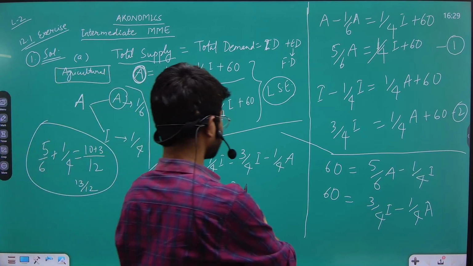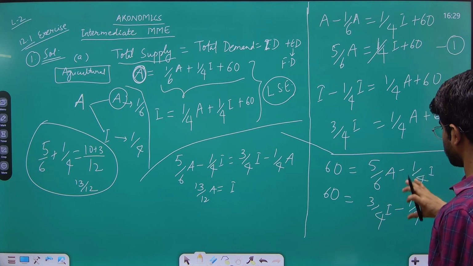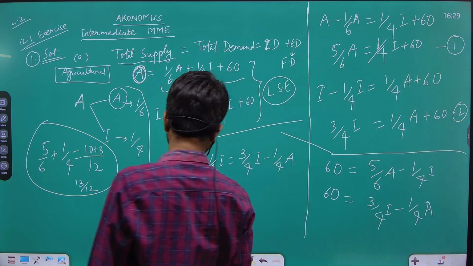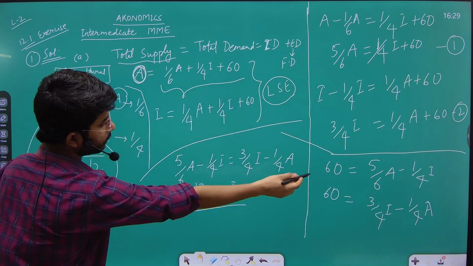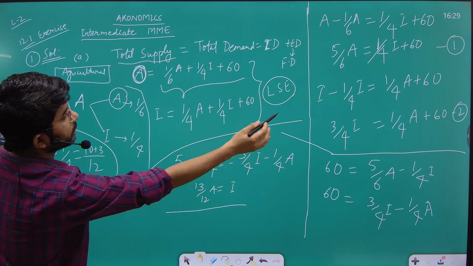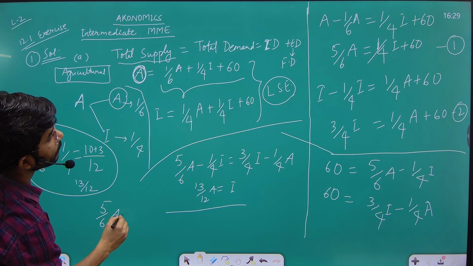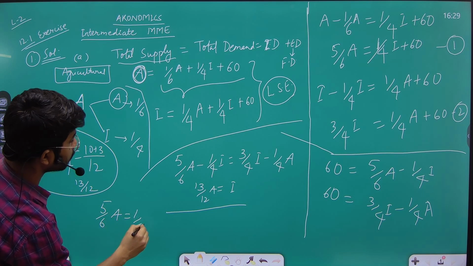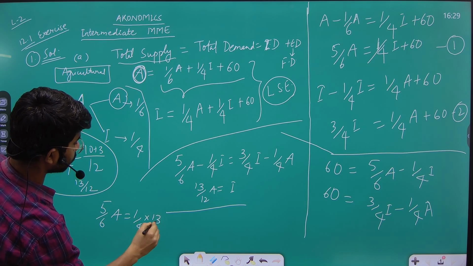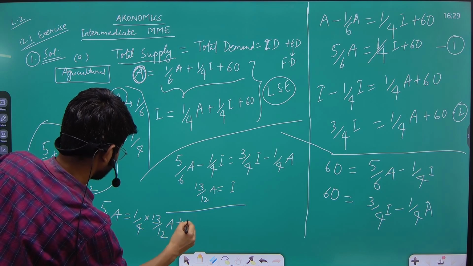So if you substitute the value of I in any of these equations, then you can rationalize it. If you put the value of I in the first equation, you get 5 by 6 A equal to 1 by 4 into 13 by 12 A plus 60.